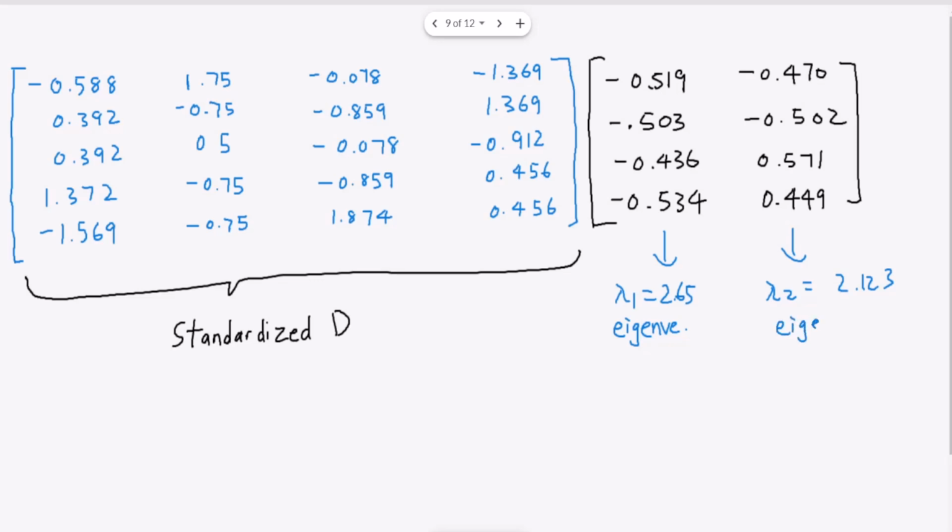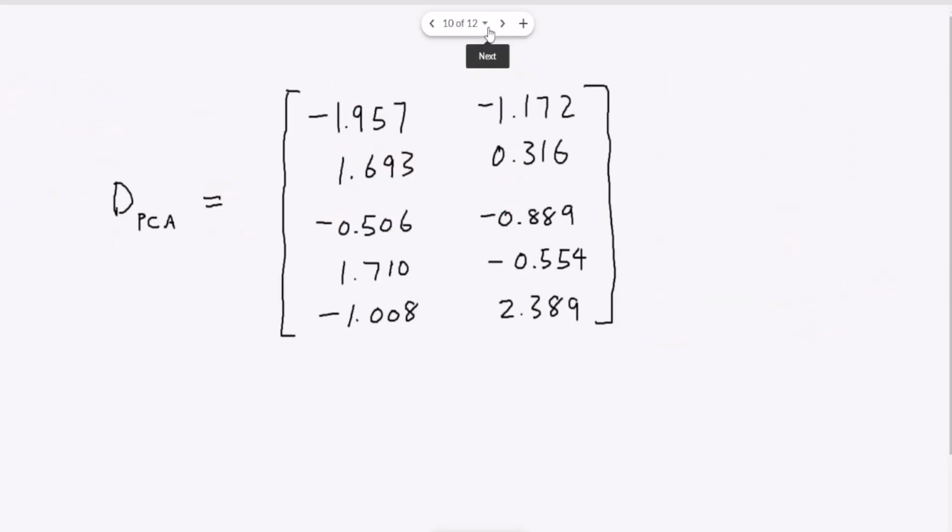So what we're going to do is multiply these with matrix multiplication. Hopefully you understand how to do that. And if we do that, then voila, this is going to be our data set after we apply principal component analysis on it.